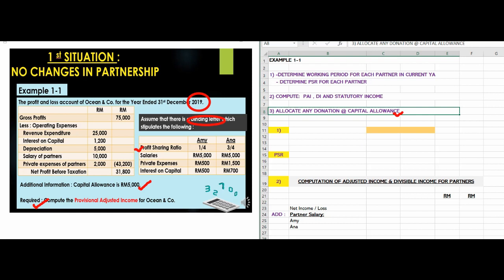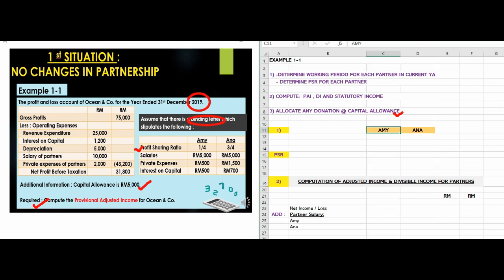So you should know how to allocate the capital allowance for each partner. Alright, so let's do the exercise together. Number 1, you should know how to determine the working period for each partner in the current year. So there are 2 partners, Amy and Anna.